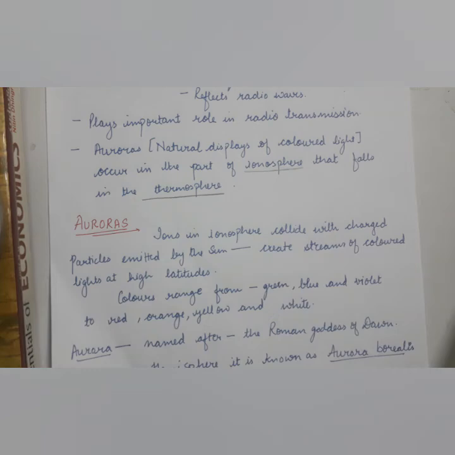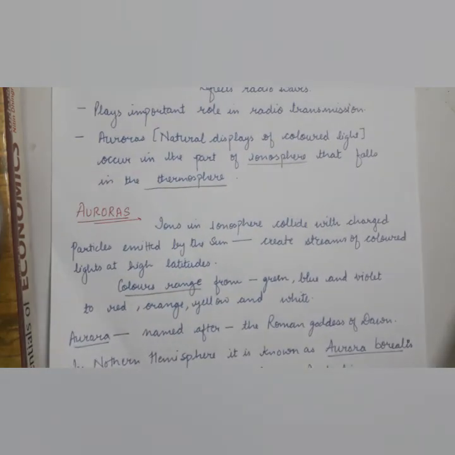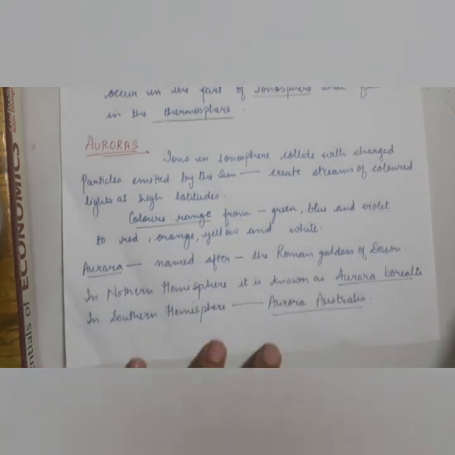Basically, the color range can vary from green, blue, violet, to red, yellow, orange, white, all these colors.